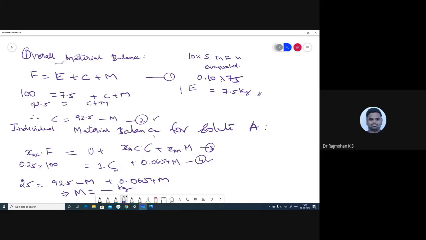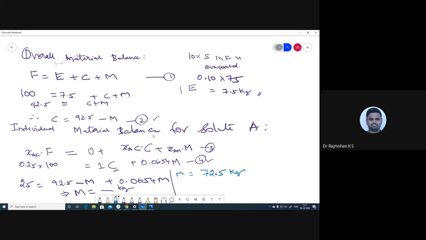So what we get is, on simplification, M equal to 72.5.